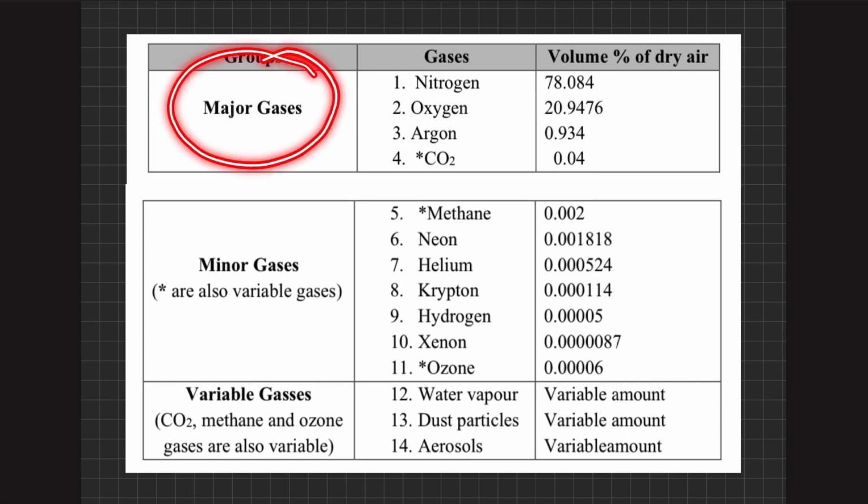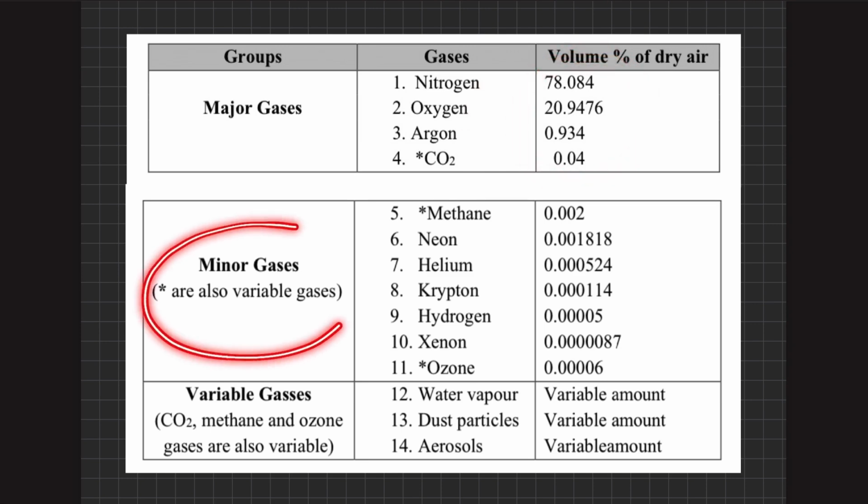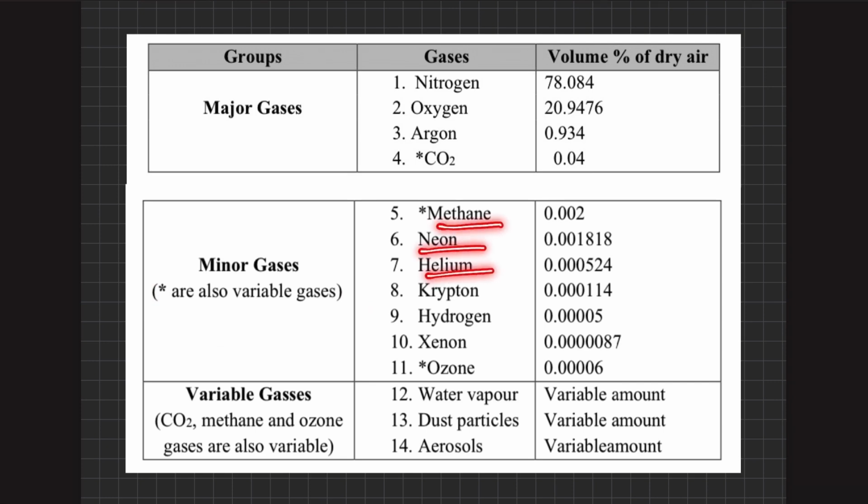The first group is the major gases, which include nitrogen, oxygen, argon and carbon dioxide, and here we have summarized their volume percent of the dry air. The second group includes minor gases, which are methane, neon, helium, krypton, hydrogen, xenon and ozone.